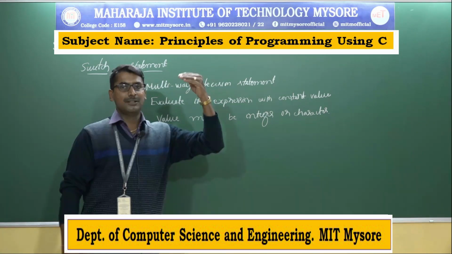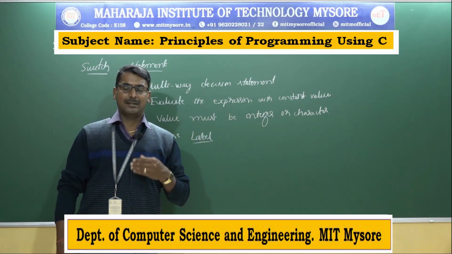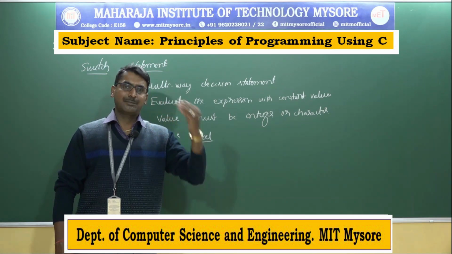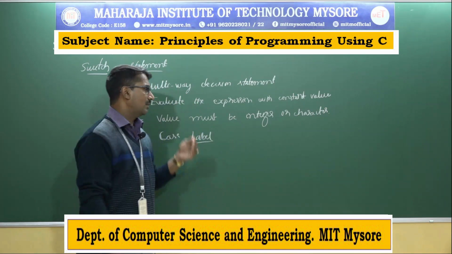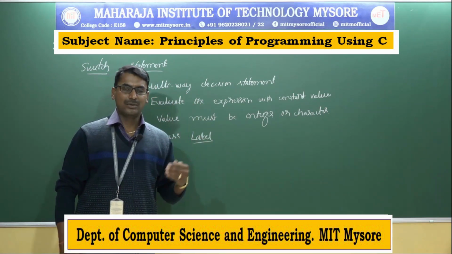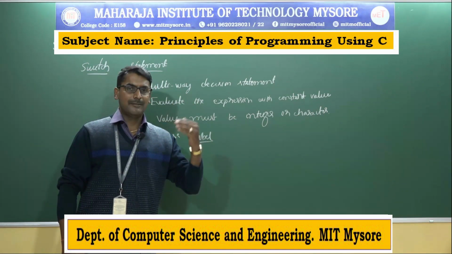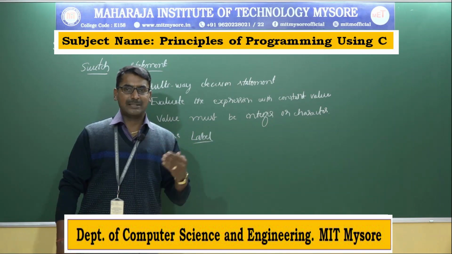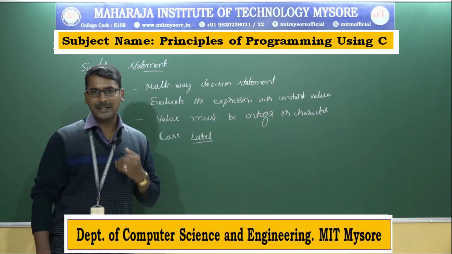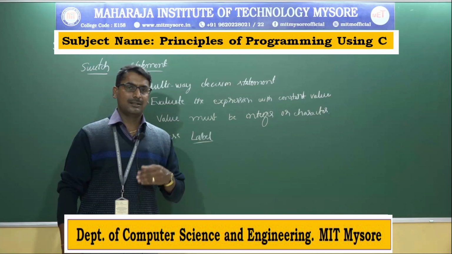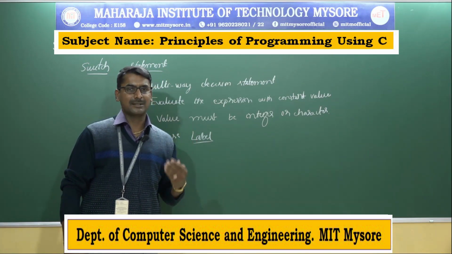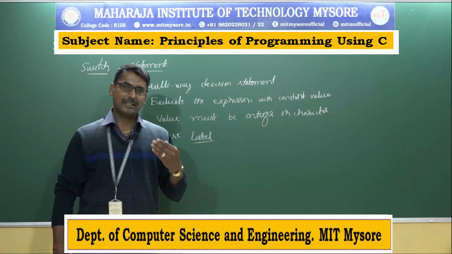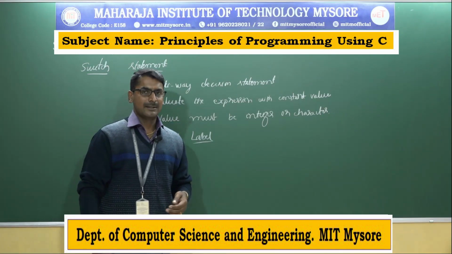The sequence of case blocks will be written. The expression will be compared with the specified case values. If any one of the cases matches, the corresponding block of statements will execute. If none of the cases of the switch is matched, then finally it will execute the default statement.